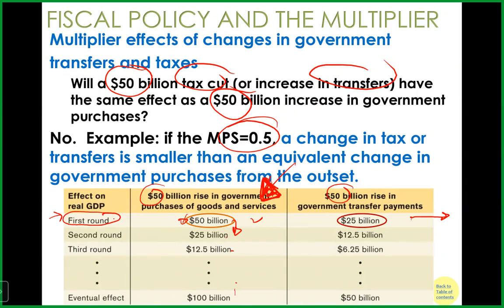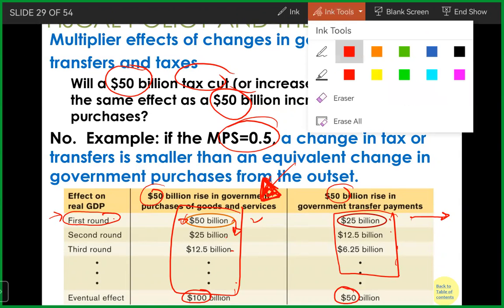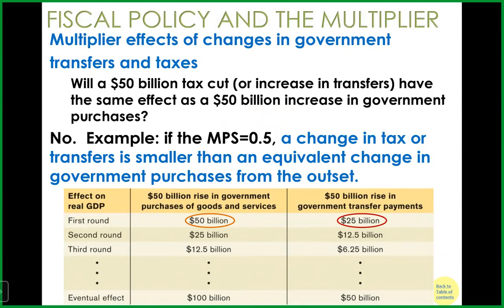In the other case, you have 25, 12.5, and so on. If we add this column together, you have 100. But if you add this column together, you have 50. In a very crude way, the difference comes from missing this first term.